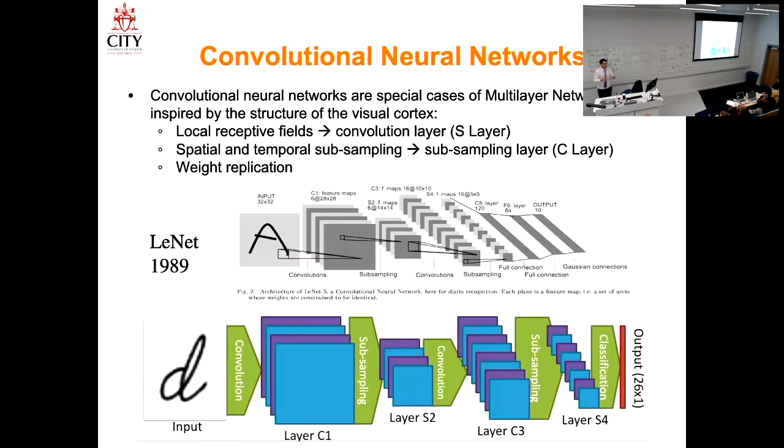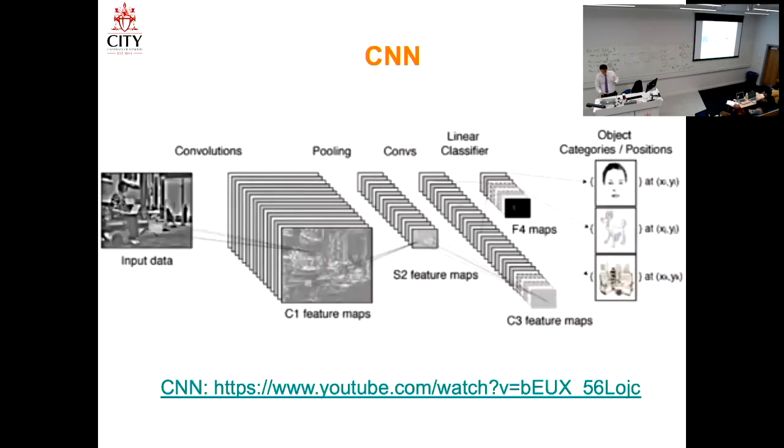Now we will have ReLU as well. I will talk about it. We will look into it in more detail now. This is the basic architecture. Input data, C1 feature map, pooling, S2 feature map, linear classification, and you have the results.